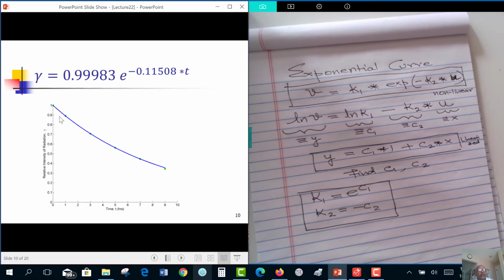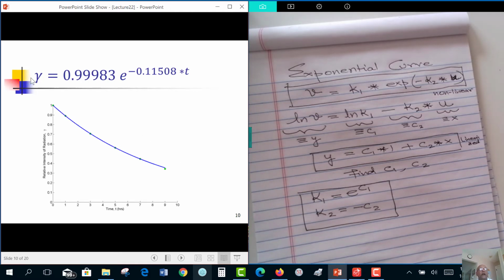So we are given a bunch of data points, U and V. This is a problem about intensity of radiation. Let's suppose there is some kind of radioactive radiation. As you know, the intensity is going to fall off exponentially with time.